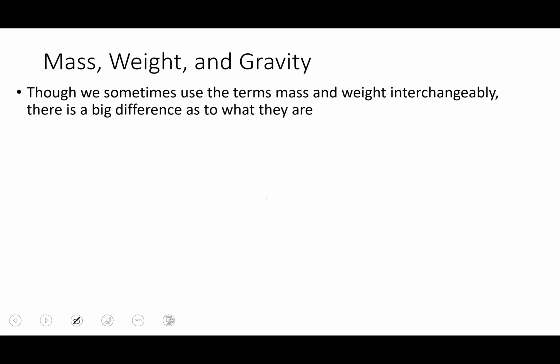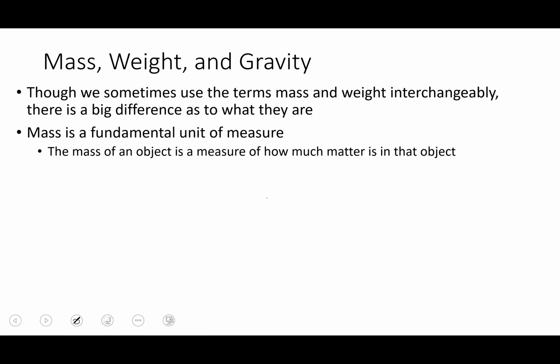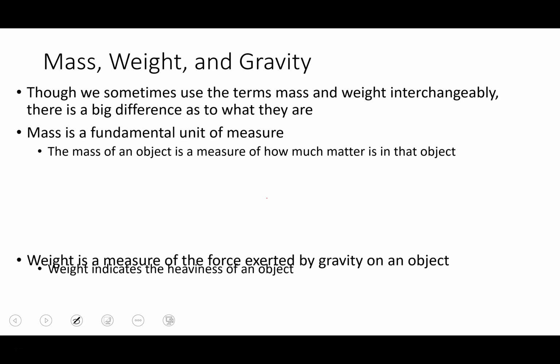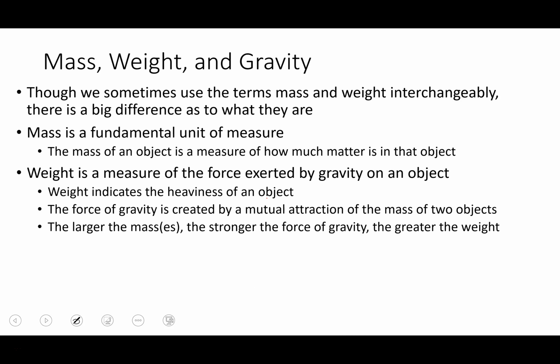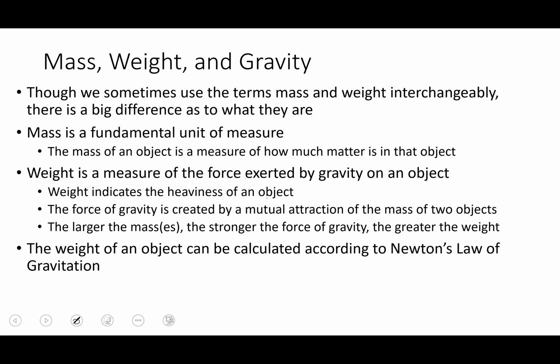Mass versus weight. Mass is related to how much matter is in an object, and weight is a response to gravity, basically. We have a little formula to calculate weight.